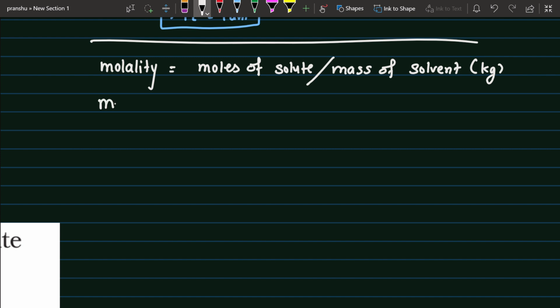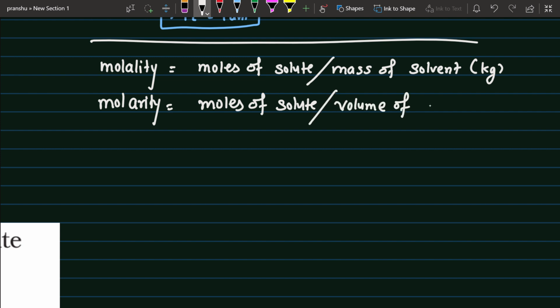Please do not confuse it with molarity, which is moles of solute divided by volume of solution in liter. Try to remember the terms. This is the solvent and this is the solution.